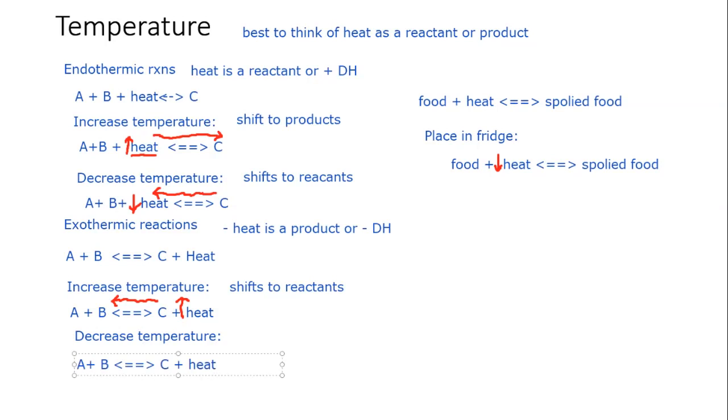If we decrease temperature, that means we're removing heat. And again, heat is a product. So as we learned early on, when you remove a product, it's going to shift to make more product. So it shifts to the right.